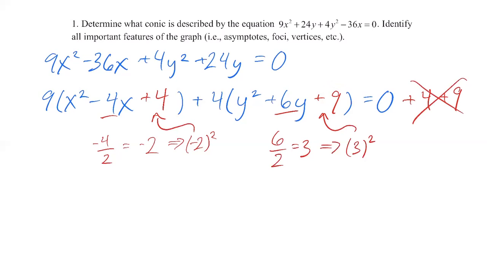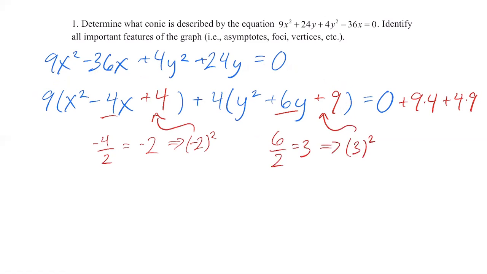This is wrong because we didn't actually add 4 to our equation right here. What we actually added was a 4 that was then going to be multiplied by a 9. We added a 9 over here that was going to be multiplied by a 4. So in fact, we have added 9 times 4 and 4 times 9. We've added 2 copies of 36.